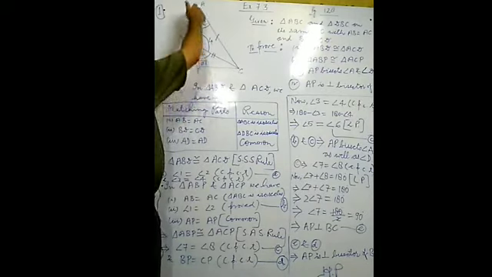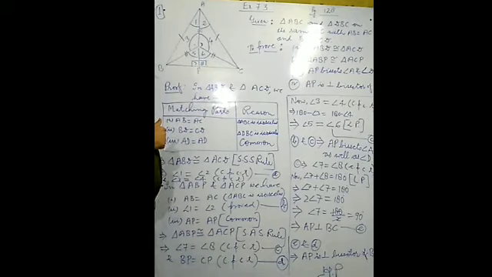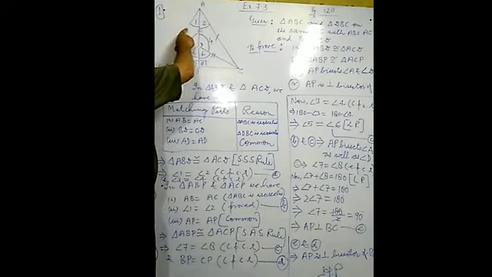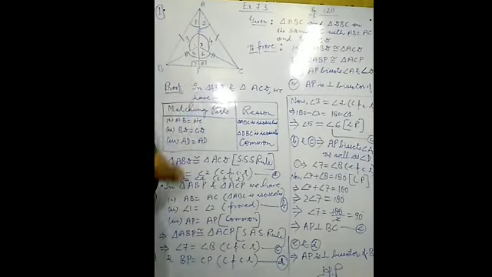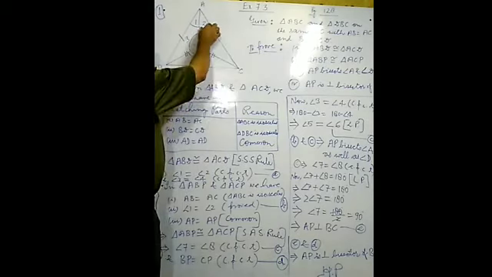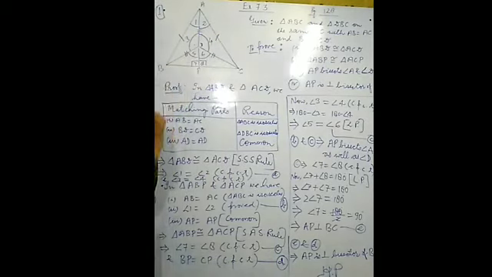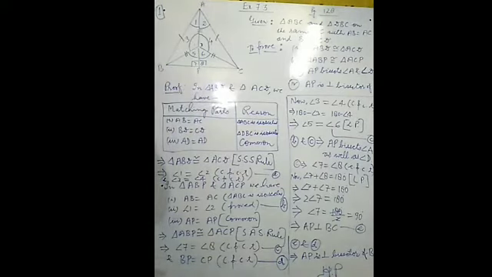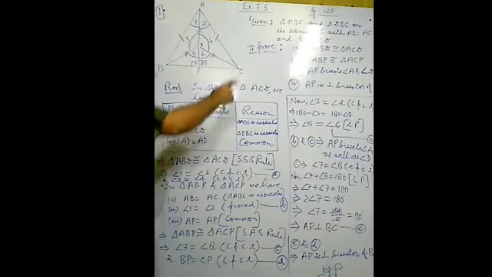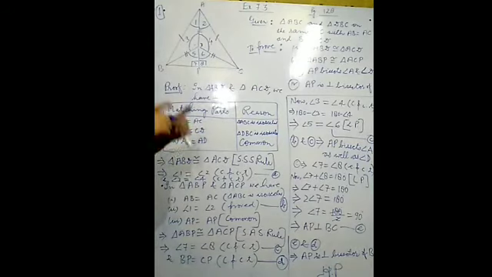Again, AP equals AP, common there. By the criterion of side, angle and side, the left hand side triangle is congruent to the right hand side triangle. It means the second part is also proved with the help of the side-angle-side criterion.